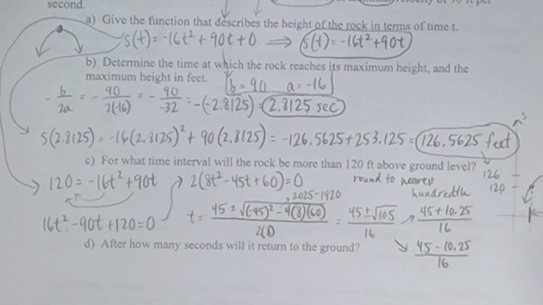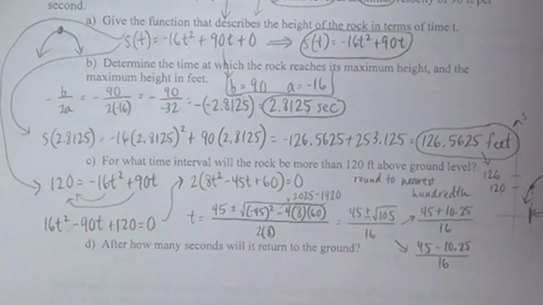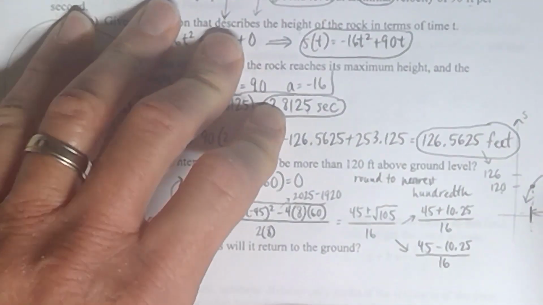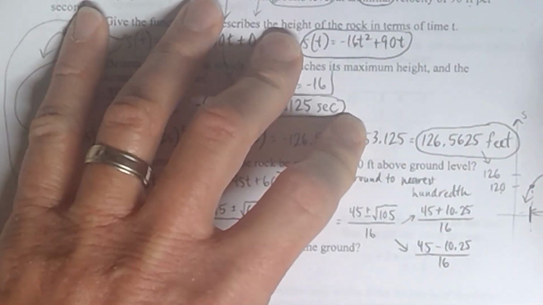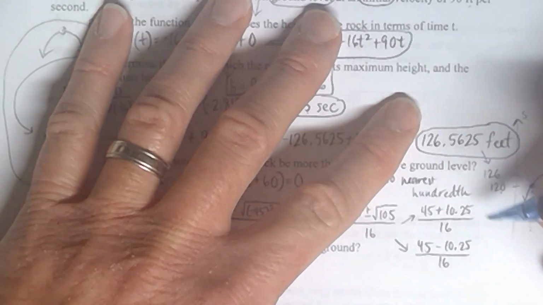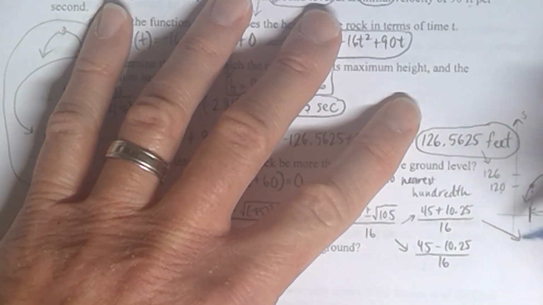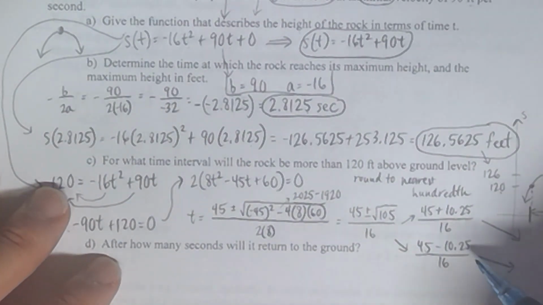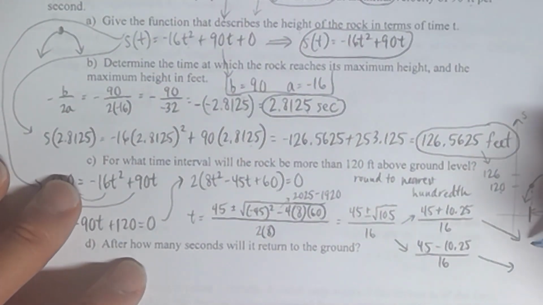Normally, I don't want you to round before the final answer, but in this case, I'm okay with that. Let me just move this down here. I don't want to get rid of that, it's a good picture. So what are these two fractions equal to? They are approximately 3.45 and 2.17. Again, your calculator can help you out with that.